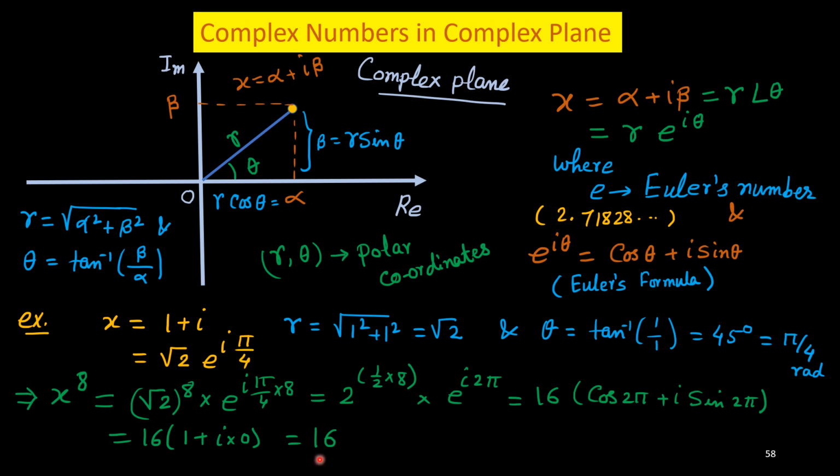It's very simple to get. So x to the power 8 equals 16. So you can see that one solution of x to the power 8 equals 16 is 1 plus I, that we had seen earlier. And we have checked this one, it is really true, because if I consider 1 plus I, its power of 8 becomes 16. So it's verified. Okay. Now we'll use this kind of concept to solve this problem.